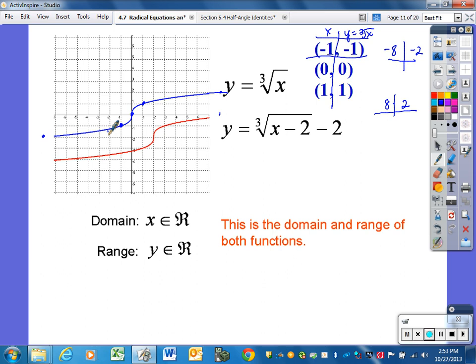Again, it's going to work the same way: x minus h plus k. So this should go right 2, down 2. If I take my origin and go right 2, down 2, that is my new parent. And my 1, 1, negative 1, 1.